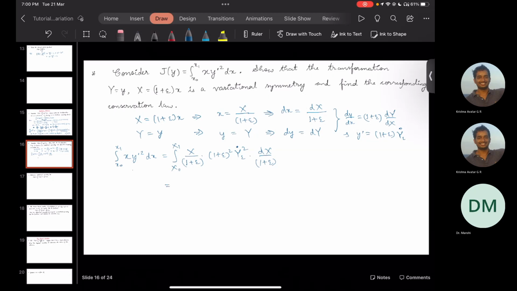So this gives us the integral from capital X naught to capital X1, and one 1 plus epsilon cancels out, so we have capital X Y dot squared times (1 plus epsilon) dX.